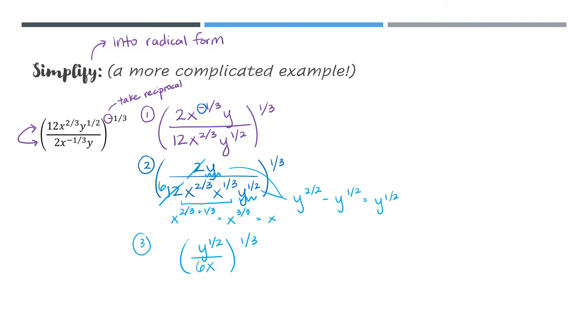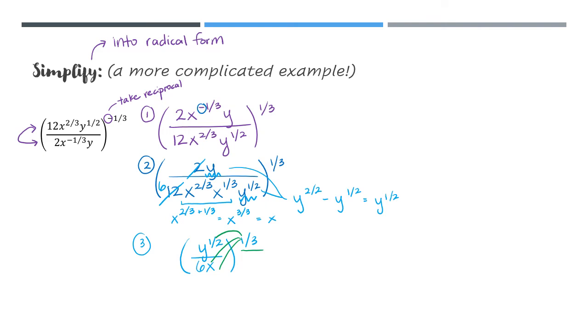I think that's probably what I'll do next, deal with those fractional exponents. That is, take this one on the outside, 1/3, and essentially distribute it. It's a power of a power. That's the name of our property here that applies. So it's applied to the y to the 1/2, it applies to the 6, and it applies to the x.